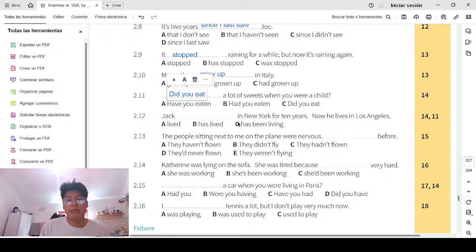It's the same with past perfect. In that case, "had you eaten a lot of sweets when you were a child?" doesn't make sense, because when you're talking about the past perfect, you need a past simple as well. But past perfect is more for interrupted situations, an interrupted time in the sentence. Okay, that's crazy to explain.